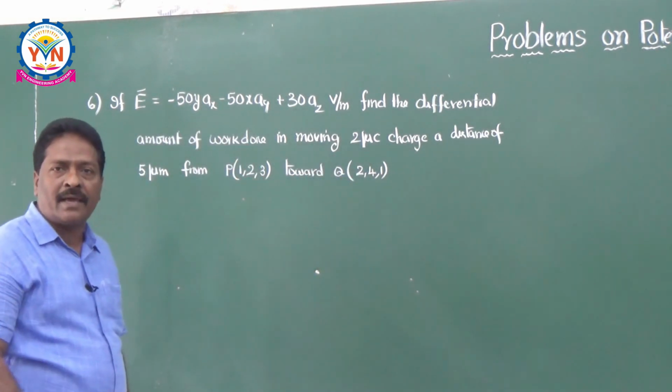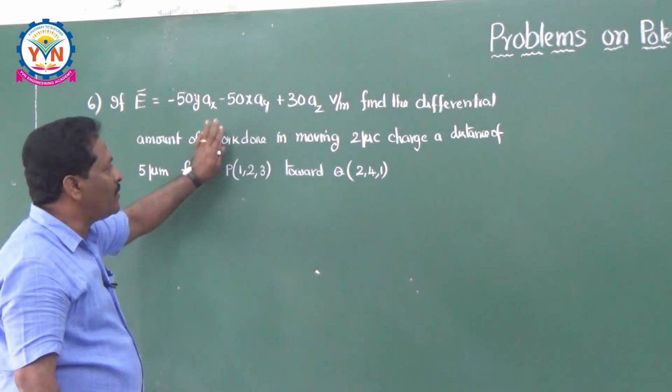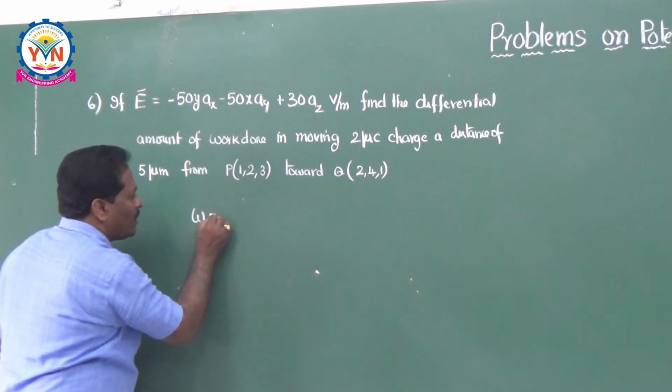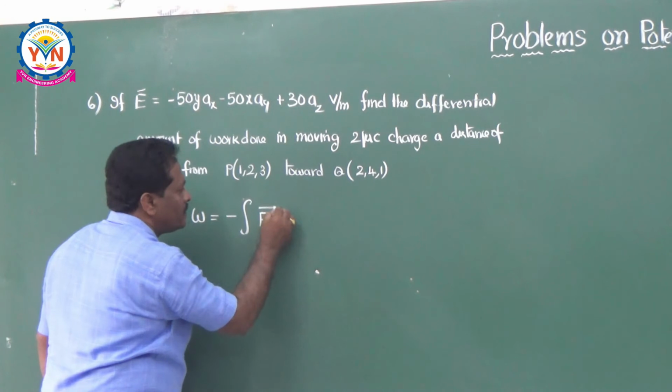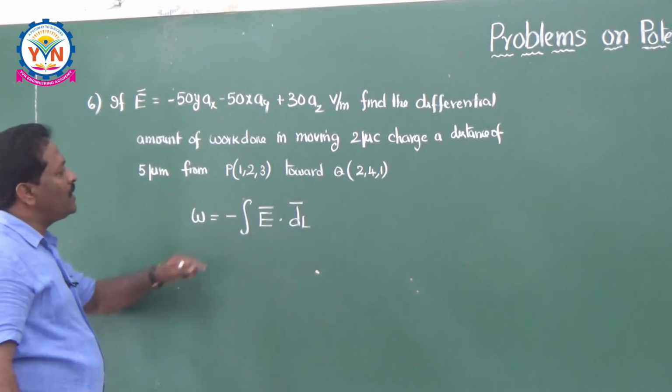So we can say very happily, this problem is completely based on your fundamentals. What is the work done required here? Work done required is equal to minus integral E bar dot dl. Both are vectors here.